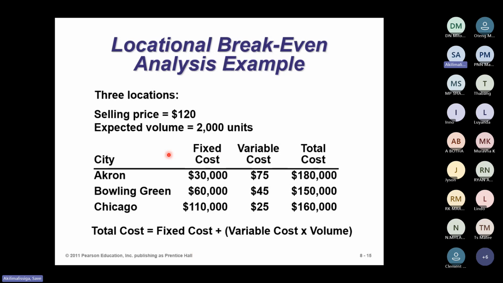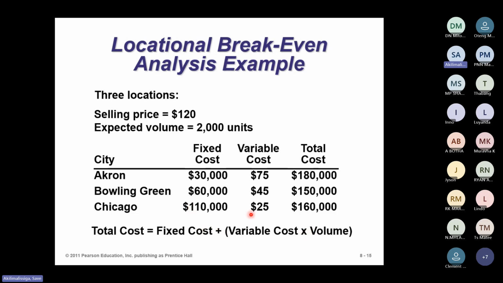Now, from this example, below we have the total cost equation. For you to find the total cost, you have to have the fixed cost plus the variable cost times the volume.